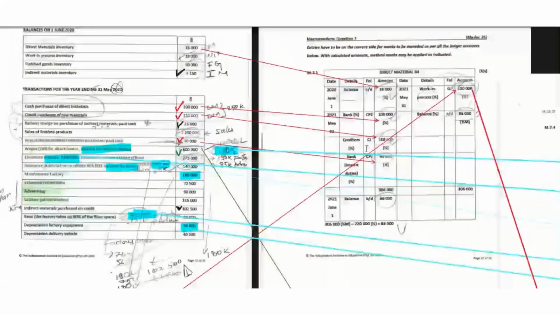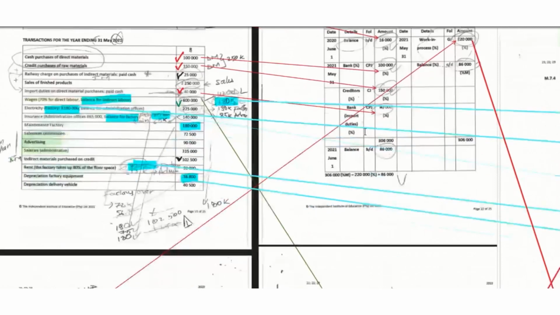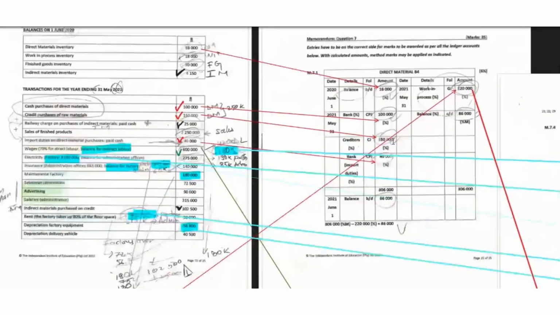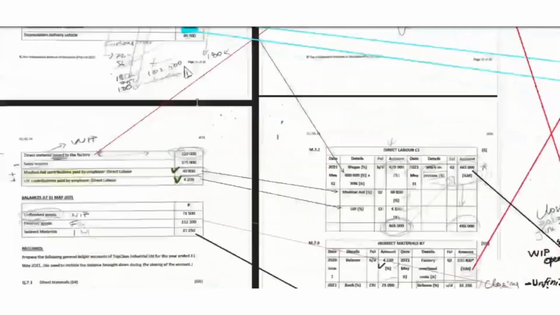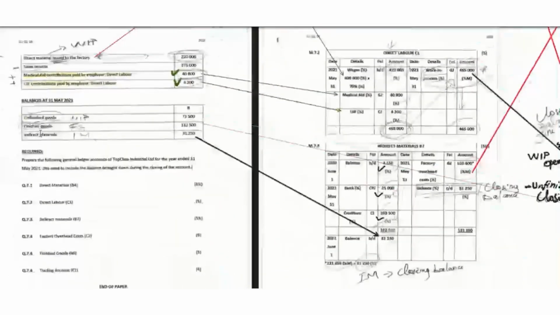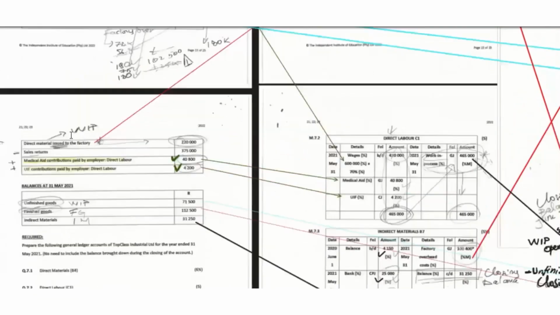For the direct material, obviously, we put the cash purchases and credit purchases together. The import duties, remember, we added them together, right? But we also have an opening balance of direct material that was provided to us at 16,000. Is there a closing balance for direct material? No, there is no closing balance.